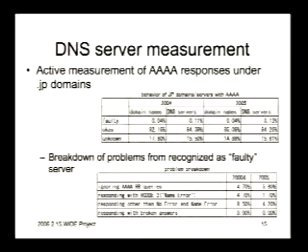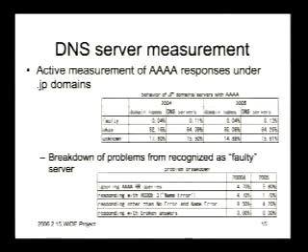It's not listed here, but there are other reasons. One is DNS servers that ignore AAAA queries. The second is DNS servers that return rcode 3, NXDOMAIN. If they don't have AAAA records, they have to return no error with an empty answer, but they return NXDOMAIN.